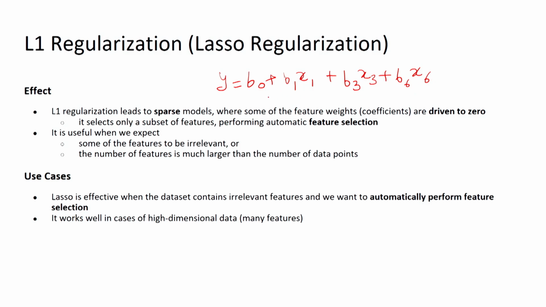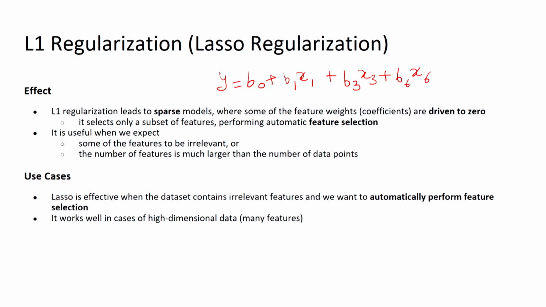In this way your model is a sparse model, and it is better because it is reducing the overfitting problem, as it is not taking those features that are in the data set but not much relevant. So, this is L1 regularization or lasso regularization.